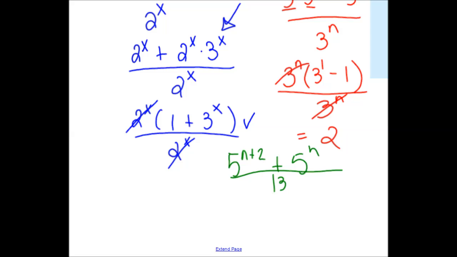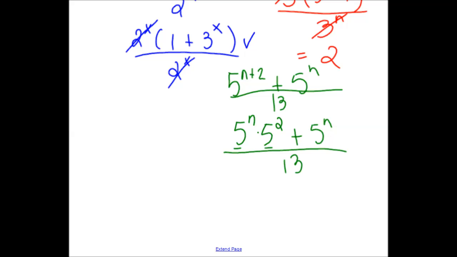Next, we have 5 to the n times 5 to the 2, because if we do addition backwards with our exponents, we've got multiplication with the same base, and then 5 to the n. This is over 13.